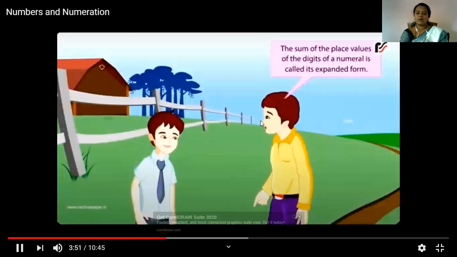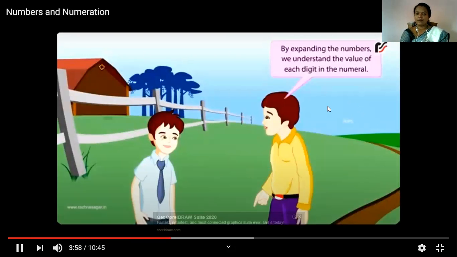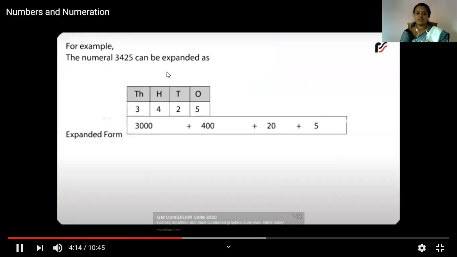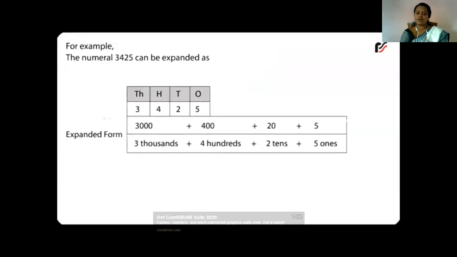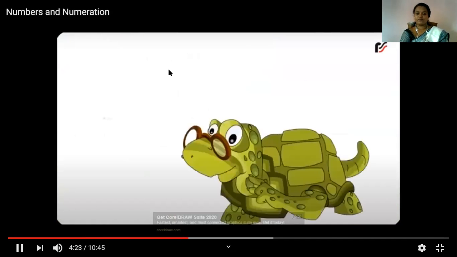Let us learn about expanded form and short forms. The sum of the place values of digits of a numeral is called its expanded form. By expanding the numbers, we understand the value of each digit in the numeral. For example, the numeral 3425 can be expanded as 3000 plus 400 plus 20 plus 5. 3 thousands plus 4 hundreds plus 2 tens, 5 ones.